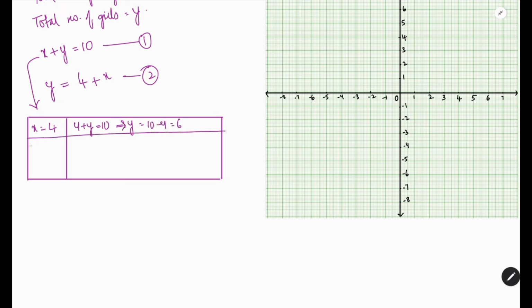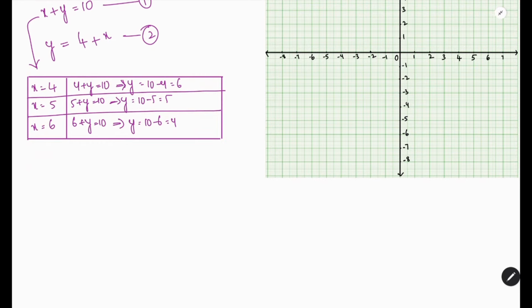If x equal to 5, 5 plus y equal to 10, then y equal to 10 minus 5 equal to 5. If x equal to 6, so 6 plus y equal to 10, so y equal to 10 minus 6 equal to 4.